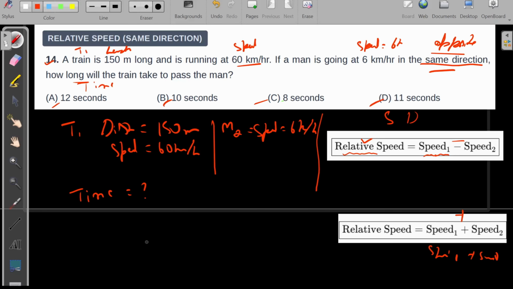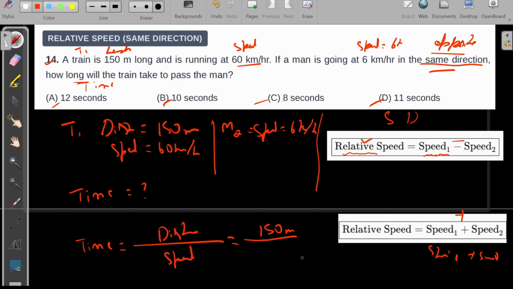So let's do that. And we will use the formula of time, which I hope you still remember, time equal distance over speed. So distance we already know, which is 150 meter, which is the length of the train. What about the speed? The speed here is in kilometer per hour, same case for the man's speed.